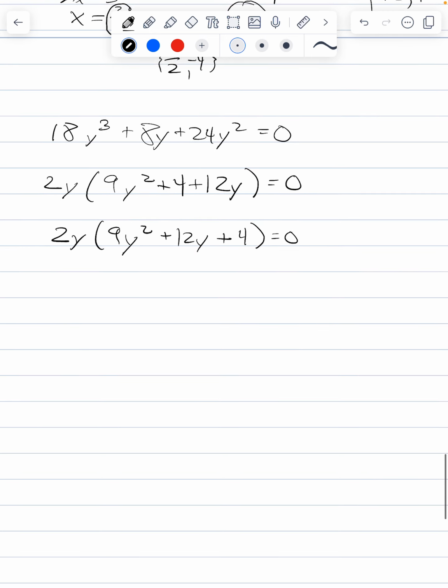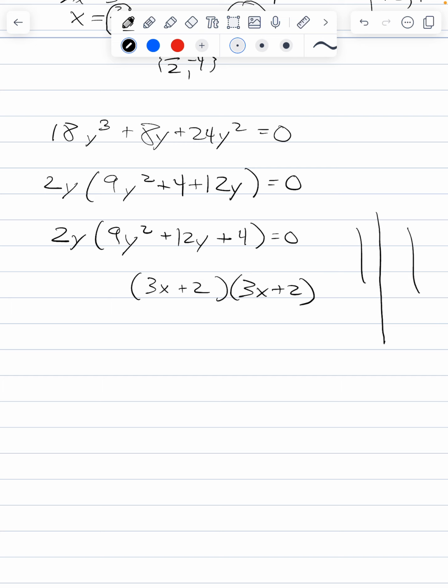Okay, if I factor this, this is the same process where you have the two columns and you figure out what your factors are going to be by listing them and multiplying them times each other. In the interest of time, I'm going to show you what the answer is because you all know how to do that. You end up with 3y plus 2 times 3y plus 2.